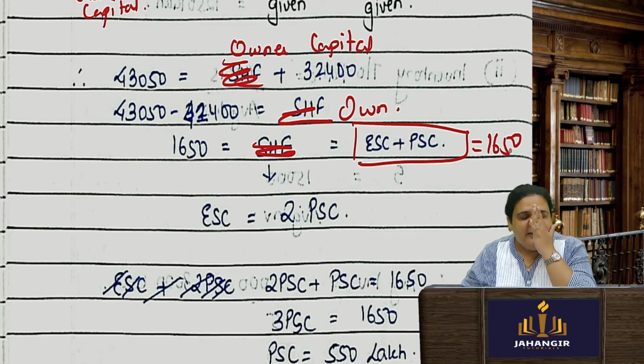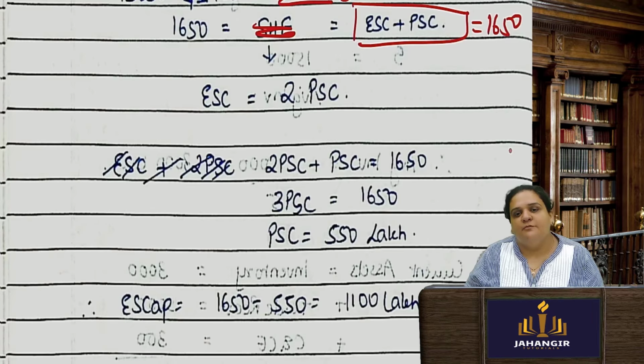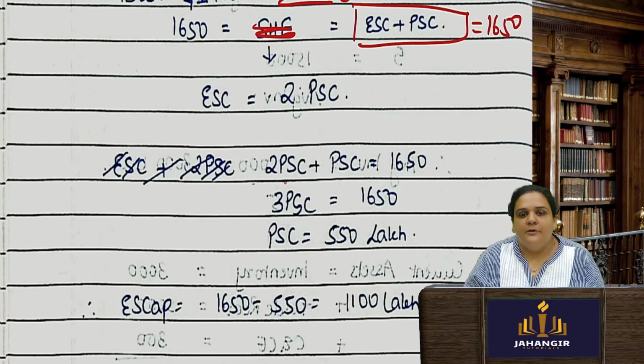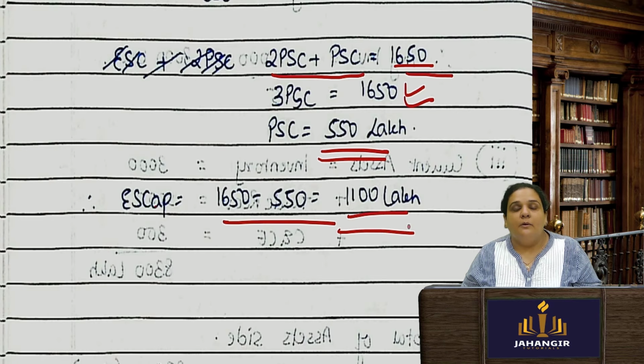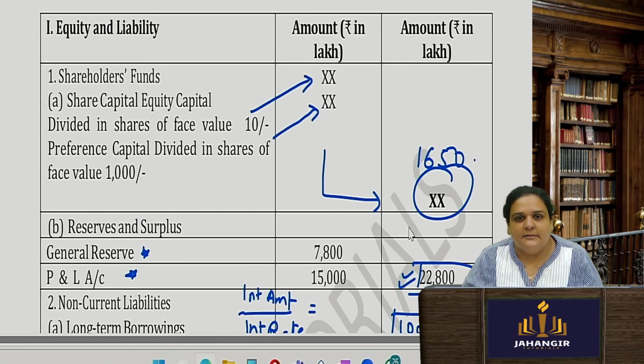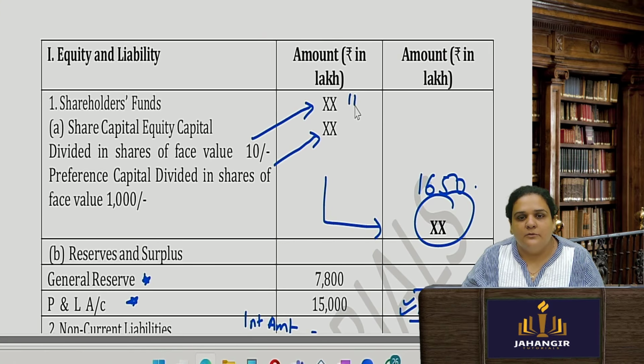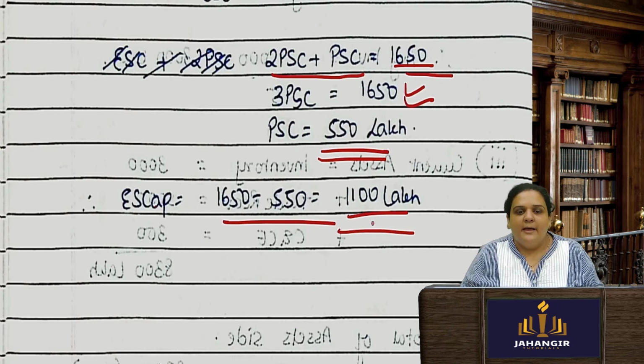In that, equity share capital is nothing but 2 times of preference share. So now I am putting 2 times preference share plus preference share equals 1650. So 3 times preference share is 1650, preference share is 550 lakhs. Therefore, equity share capital will be 1650 minus 550, 1,100 lakhs. So this is going to be 1,100. This will be 550. So this total will become 1650. Balance sheet is done.